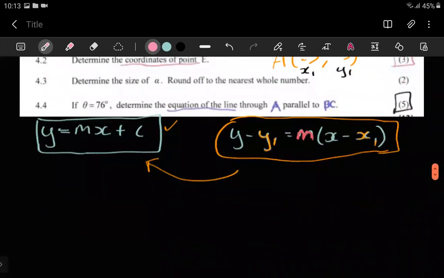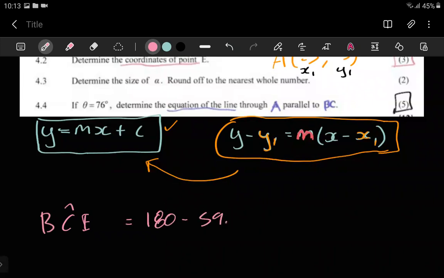BCE is equal to 180 degrees minus the 59.04 minus the 76.